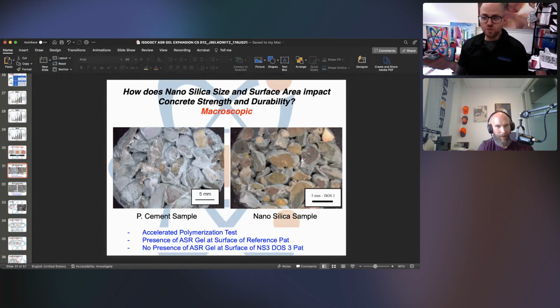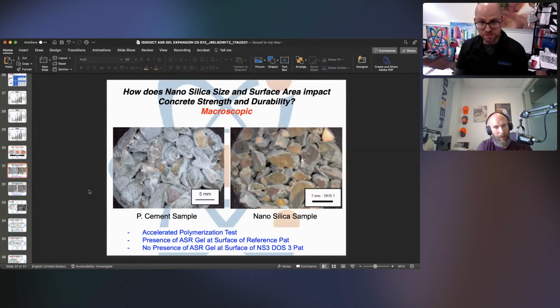And you're doing that with your reactive aggregate and just enough paste to cover the surface. Okay. You're putting that puck in a cement pore solution bath at 125 degrees Fahrenheit for 72 hours. And then you do an area fraction analysis of the amount of gel.